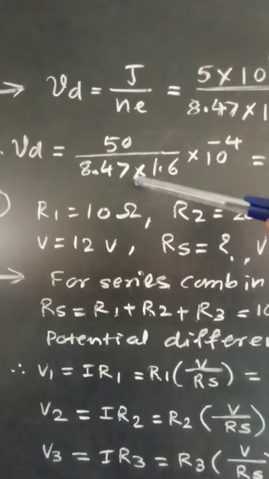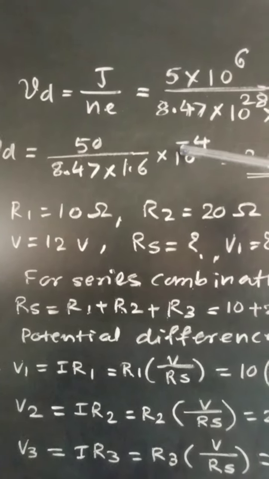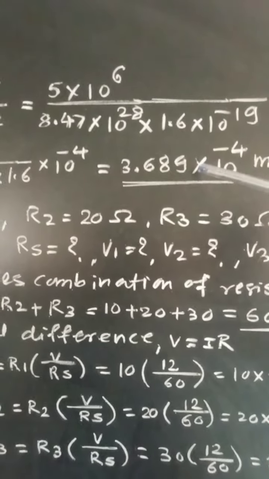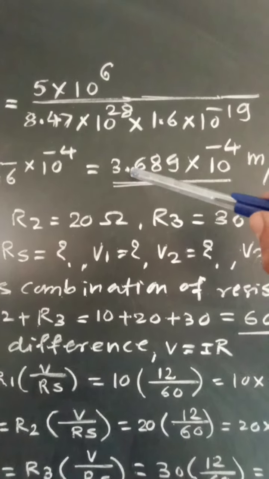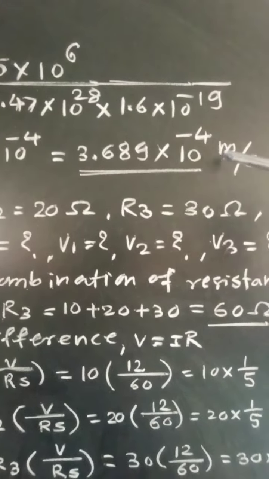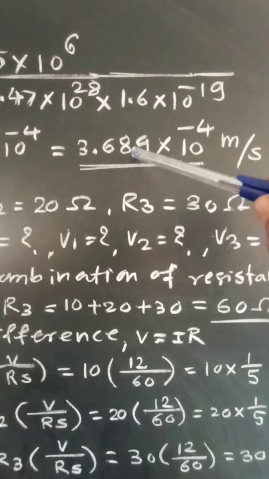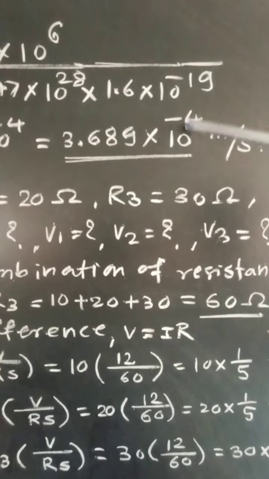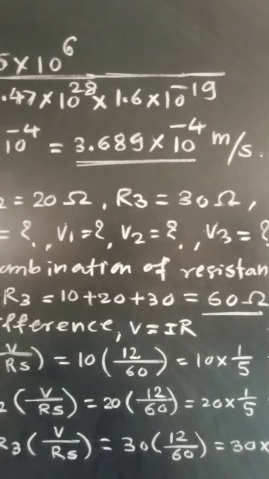Solving this, we will get drift velocity Vd equal to 3.689 into 10 raised to minus 4 meter per second.